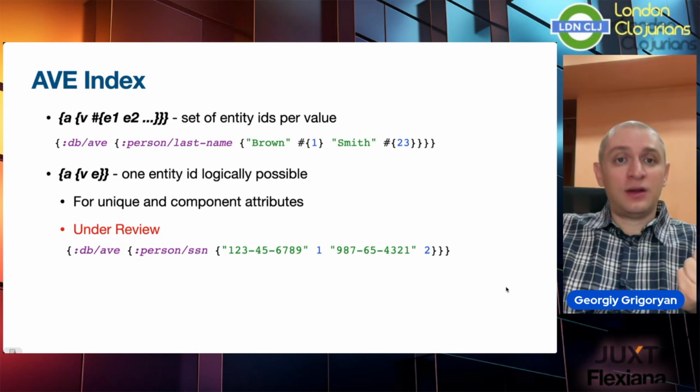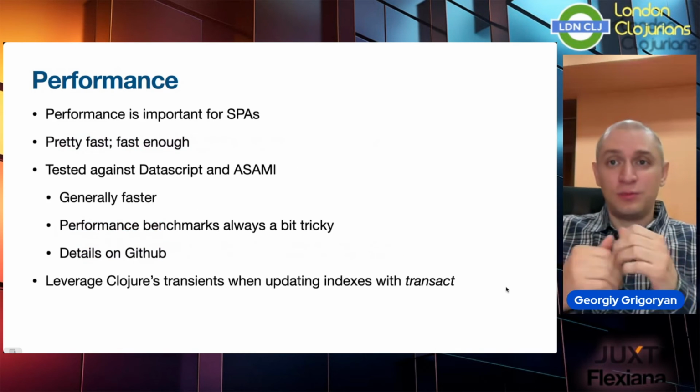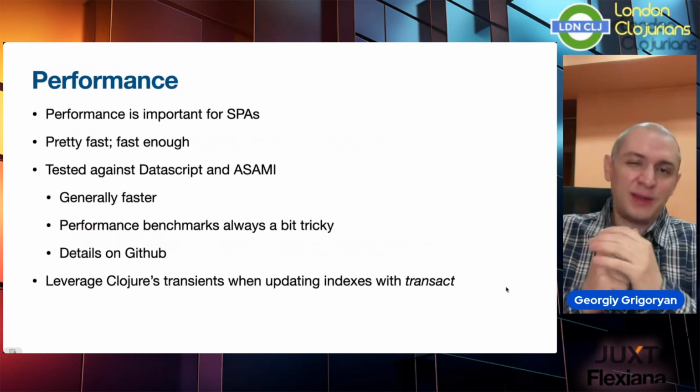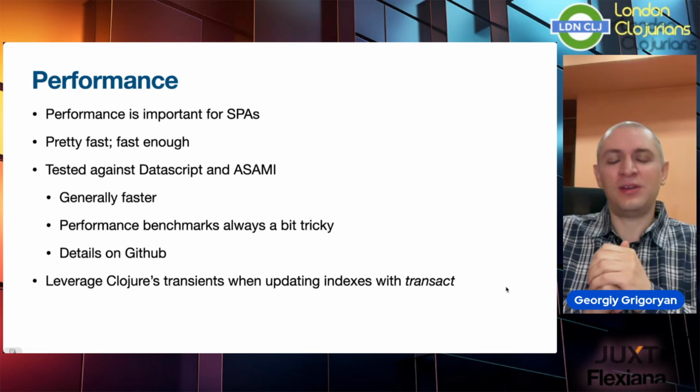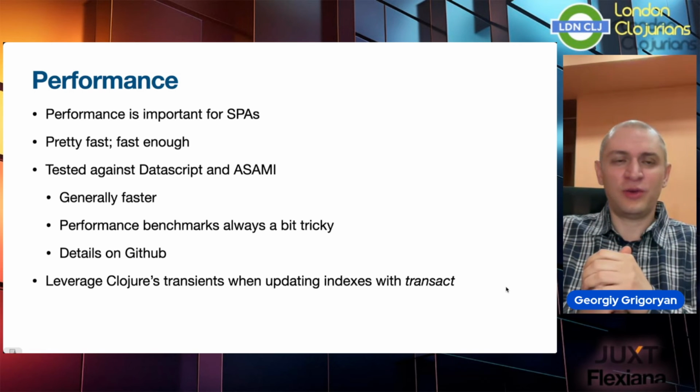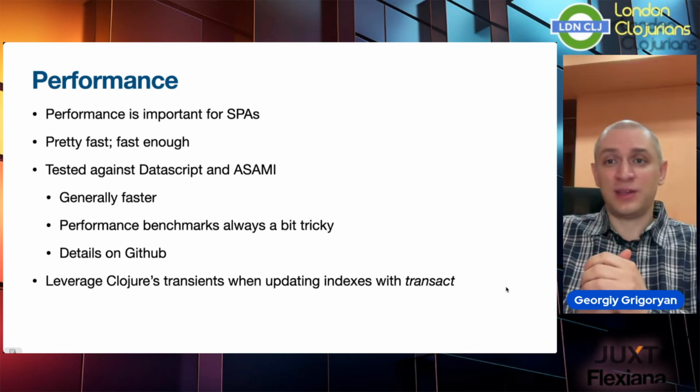Performance. So obviously for SPAs, performance is important. We don't want to skip frames, God forbid, but sometimes we do anyway, and it's okay in my opinion. Of course, it depends on the specific thing you're working on, but it's pretty fast. I think it's fast enough just for general application development.